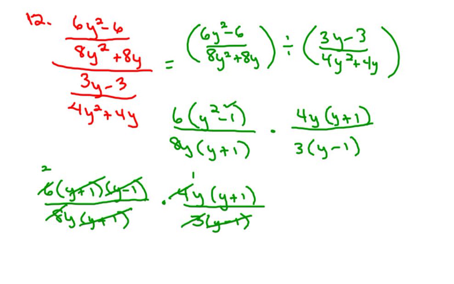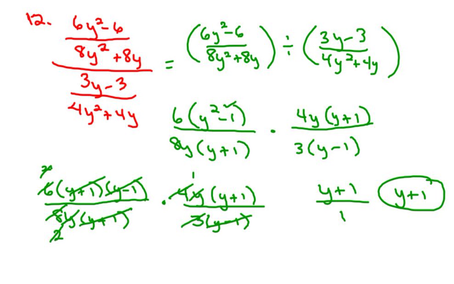The 4 and the 8, 4 into 8 is 2, and then also the 2's are going to cancel again, and these outer y's. What's left in the numerator, you see everything's canceled except this y plus 1. And in the denominator, everything's canceled, which means it just leaves you a 1, and we never leave our answer with a denominator of 1, so the answer is y plus 1.